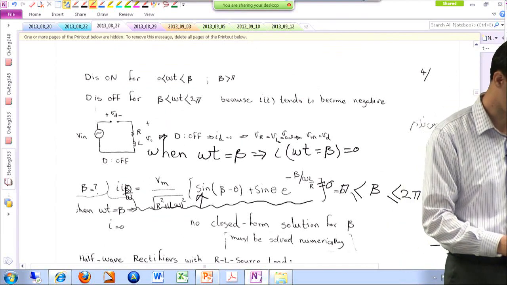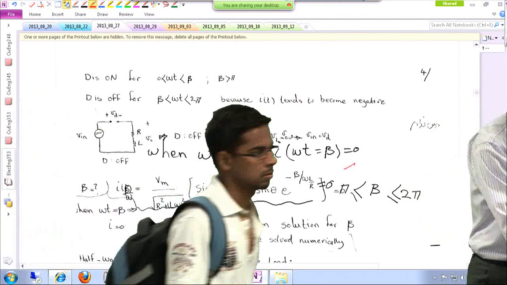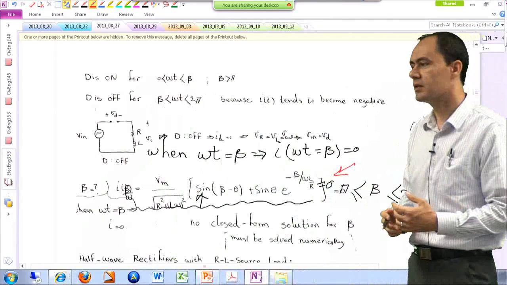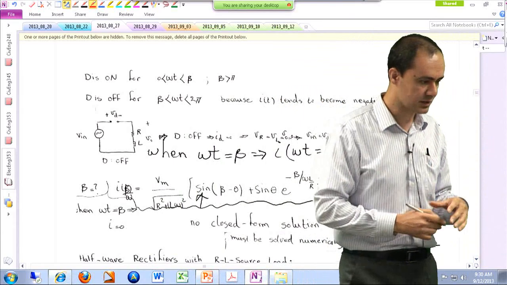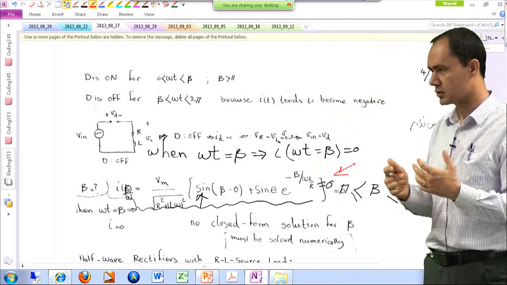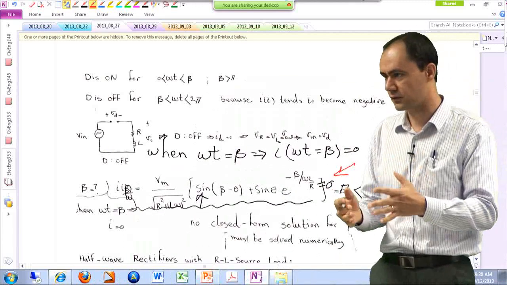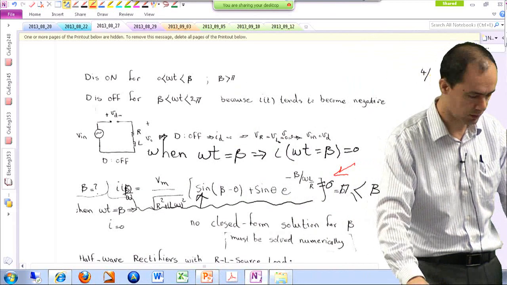Beta is the solution to a very large expression like this. We can use the same thing over here. It's the same expression because we have a sequence of half cycle excitations and an RL load. So it doesn't matter if it is a half wave or a full wave, you're still going to get the same equation for solving beta.